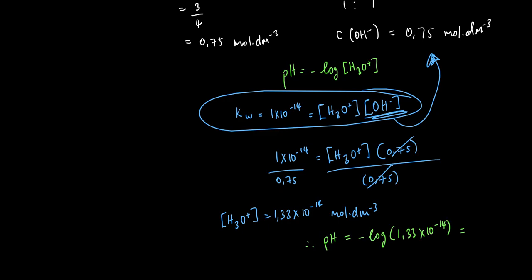So what do you get as pH? 13.88. Is that not a base? Oh yeah, it is. So that's how you get the pH of a base.